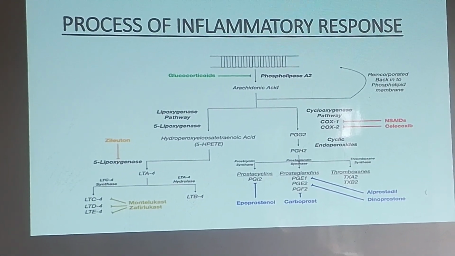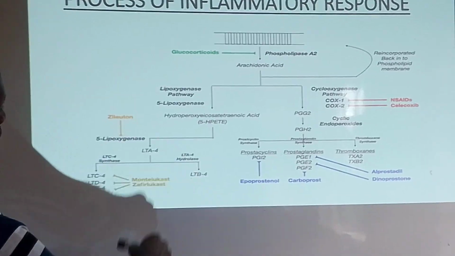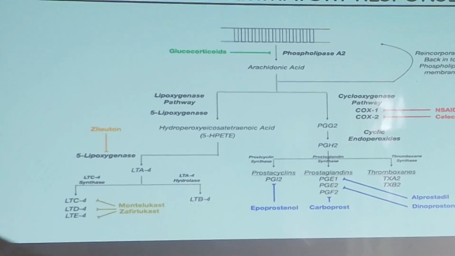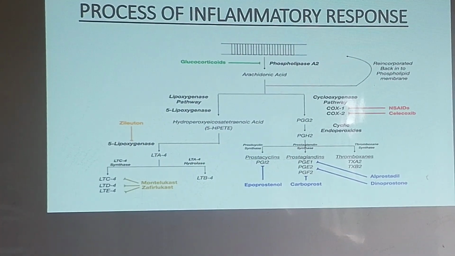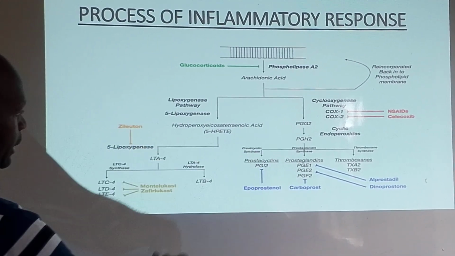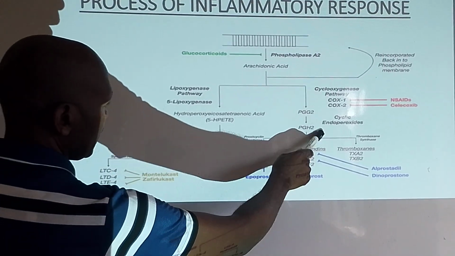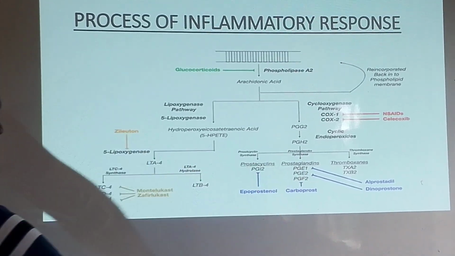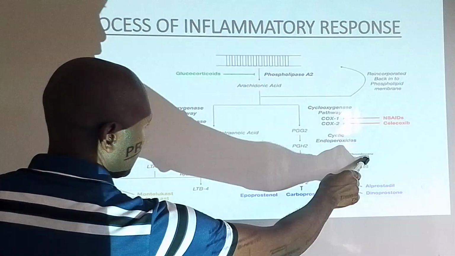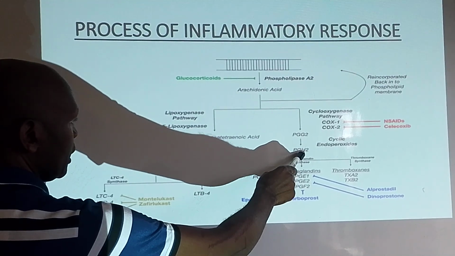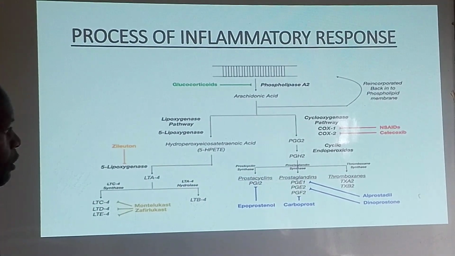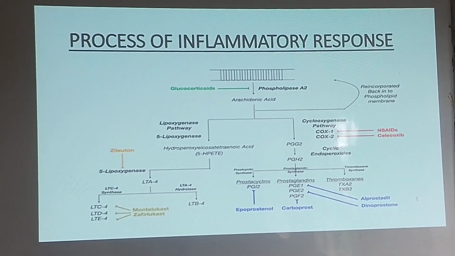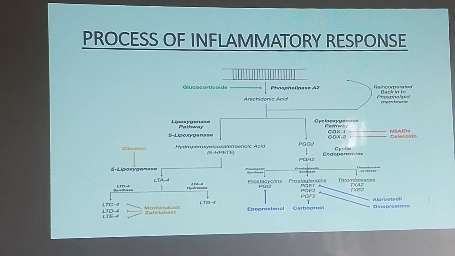Prostacyclin synthase will convert prostaglandin H2 into prostacyclin. Prostaglandin synthase will convert prostaglandin H2 into prostaglandins. And thromboxane synthase will convert prostaglandin H2 to thromboxanes, and there are two: thromboxane A2 and thromboxane B2.